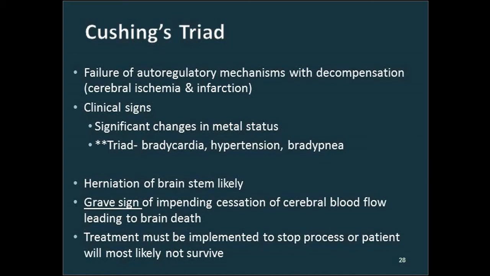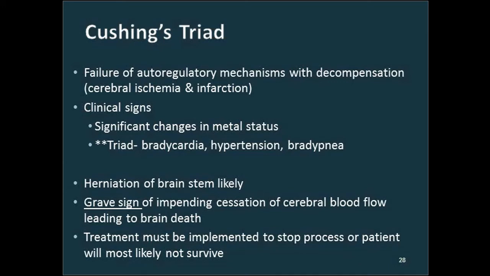So signs of Cushing's triad: it's a significant change in mental status. These are the ones that have been maybe not oriented and necessarily alert, but they have been moving and interactive, and now they are nothing. There's no interaction. So it's a significant change in mental status.